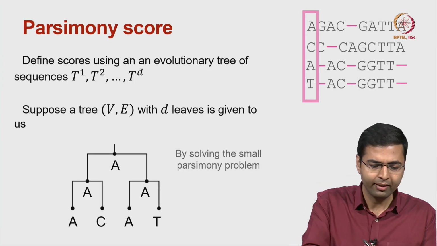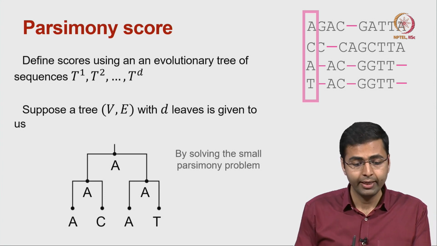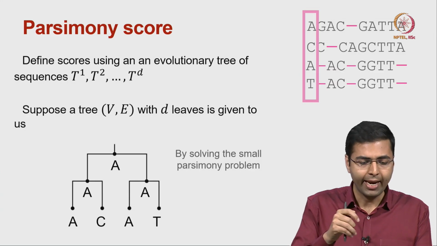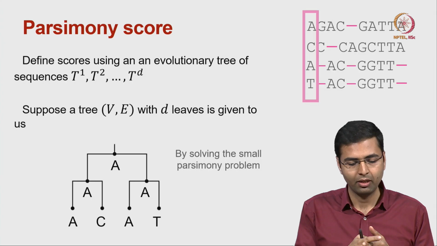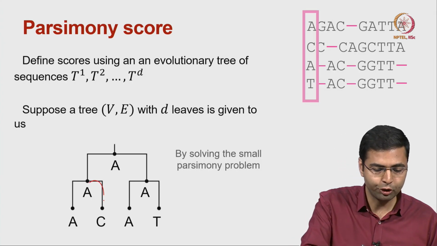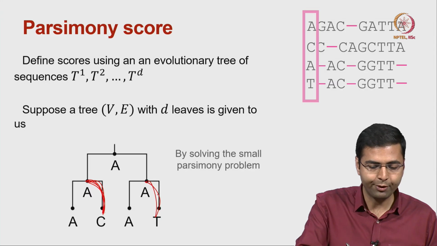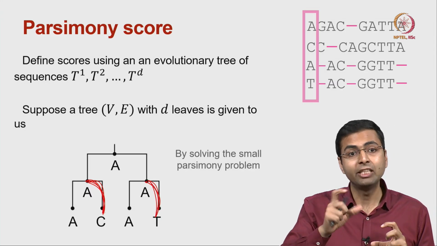Suppose they turn out to be A for all 3 internal nodes. Then we can consider the branches of this tree and see what changes are happening across the branches. For example, there is one substitution happening here, A to C, then one substitution A to T, and on the remaining branches we have A to A, unchanged.